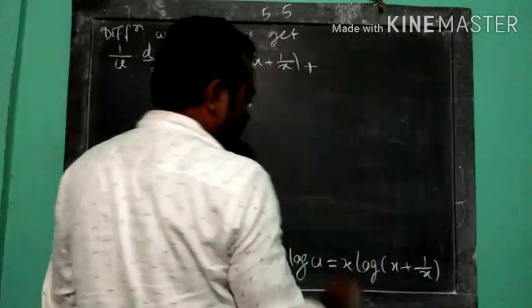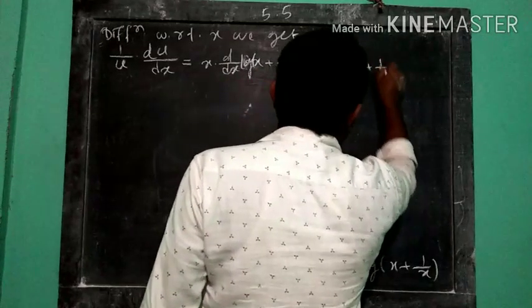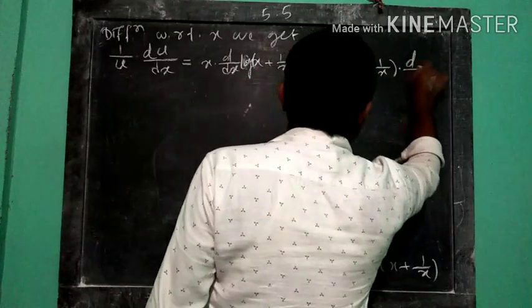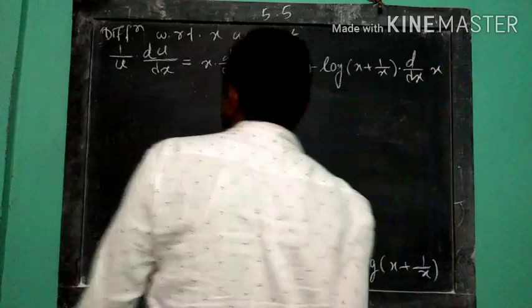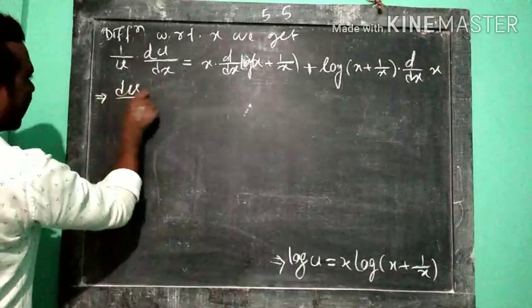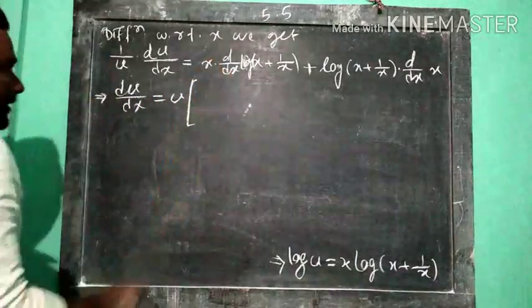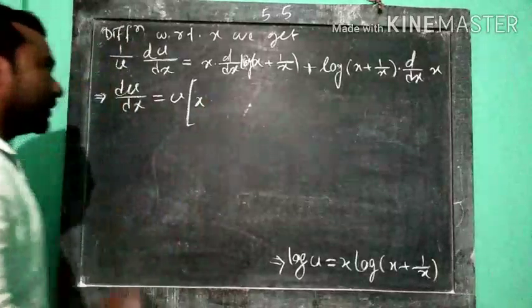So x into d by dx of log of (x plus 1 by x), plus log of (x plus 1 by x) into d by dx of x. So this implies du by dx equals u into the whole expression.